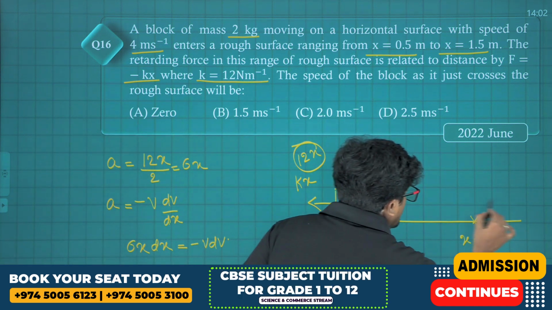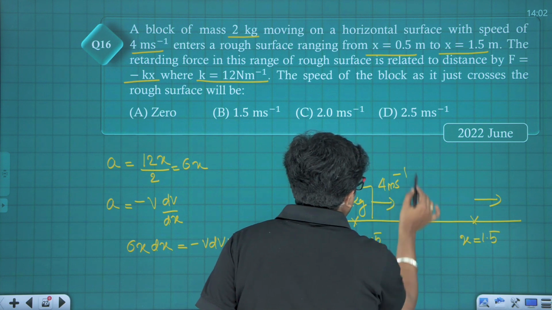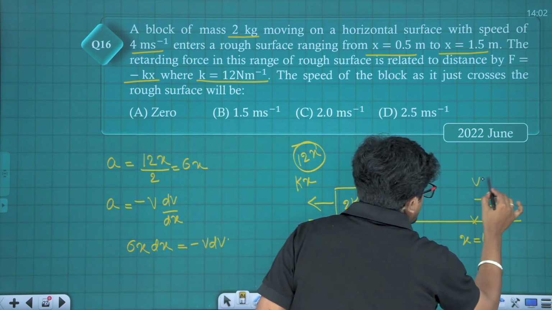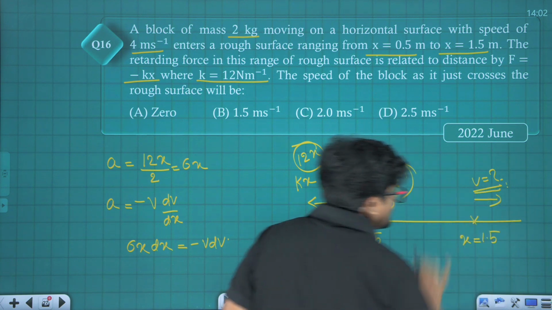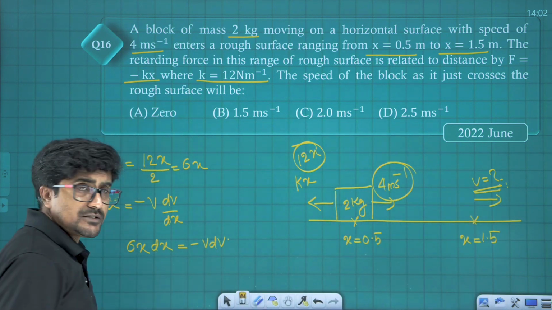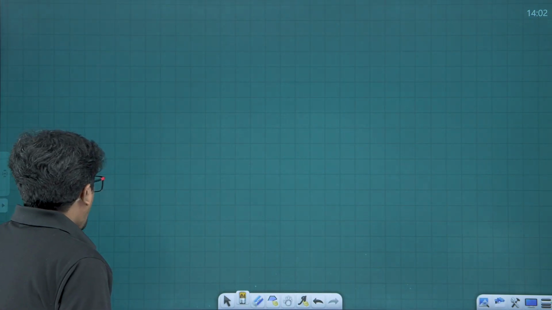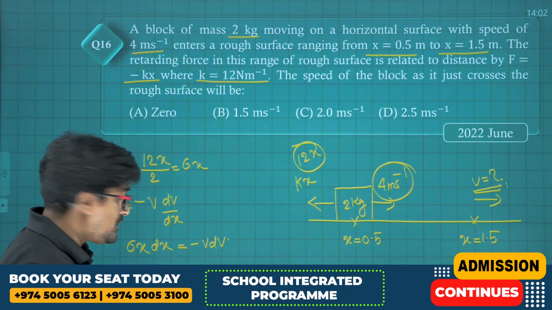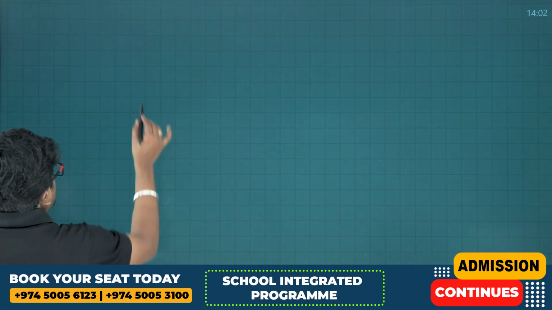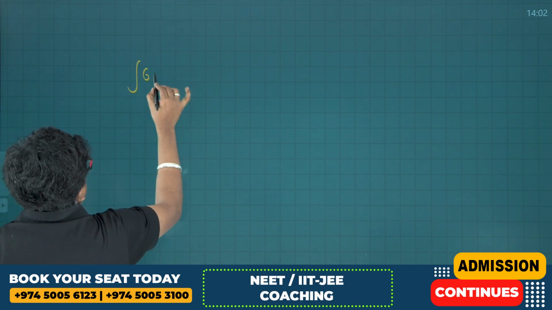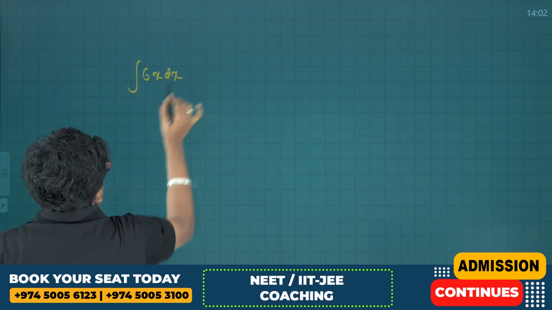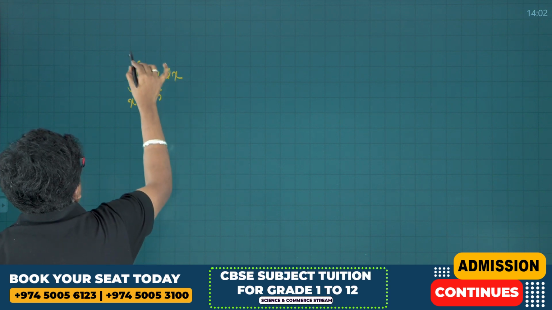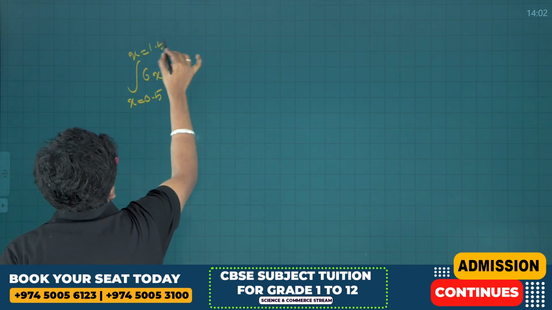And we need to find out the final velocity here. Initial velocity is given as 4 meter per second. We don't know what the final velocity is. So what is the final velocity? That is the question. And we have got this expression. Now, if I integrate this, here this is going to be integral of 6 times x into dx between the limit x equal to 0.5 to x equal to 1.5.